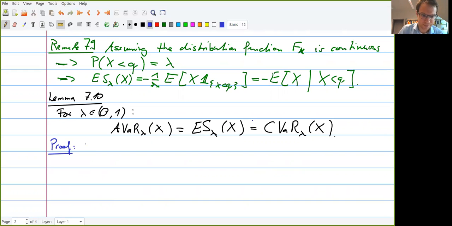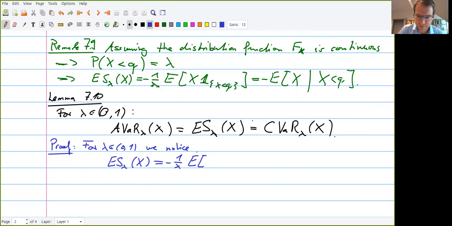So let me start with some preliminary observation. Lambda is always between 0 and 1. What do we notice? If I look at the expected shortfall of x, let me rewrite this, just to recall for you the definition, because we just have seen them. To familiarize yourself with this definition, let's write it down again.